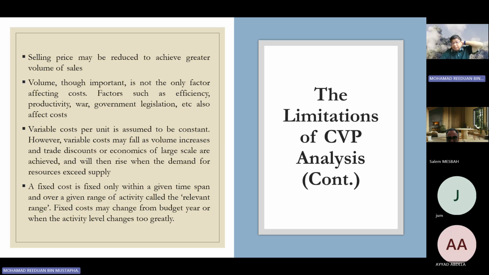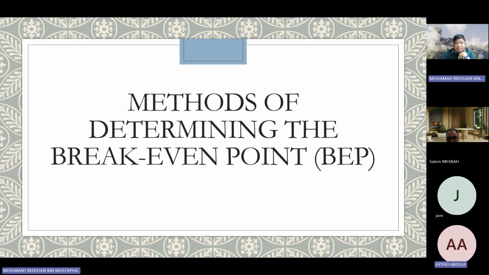If the question asks what the limitations of CVP are, you should have no problem answering. Okay, so now we move to the methods of determining the break-even point. That is why it is very important to calculate costs per unit of production, so that you can calculate all these things.